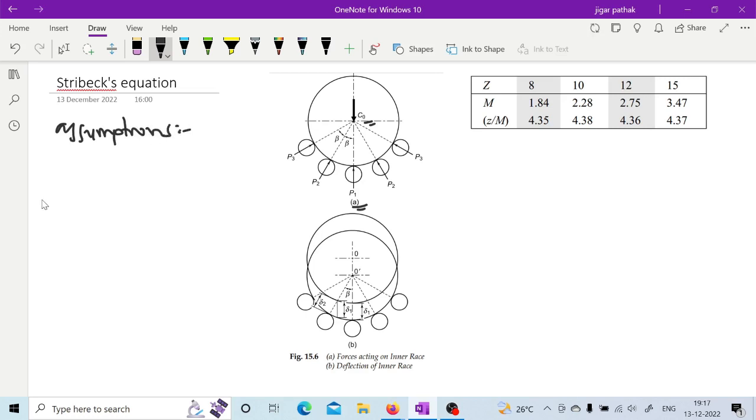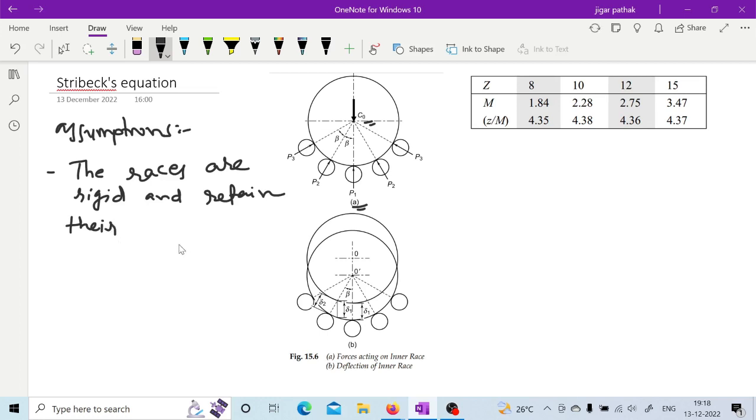For this Stribeck equation, the races, inner race and outer race, are rigid and retain their circular shape, right, and the balls are equally spaced.